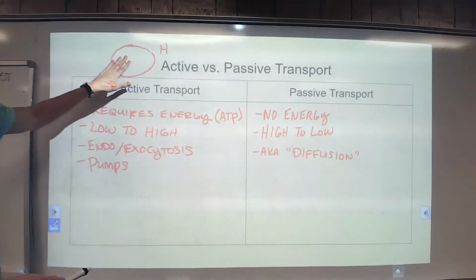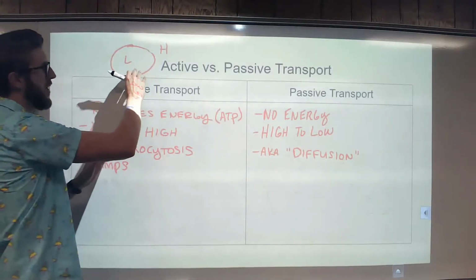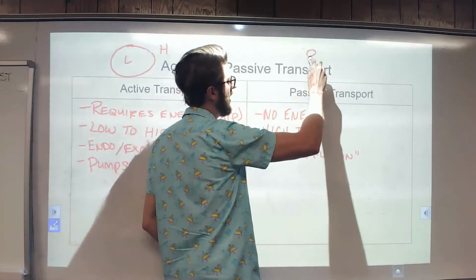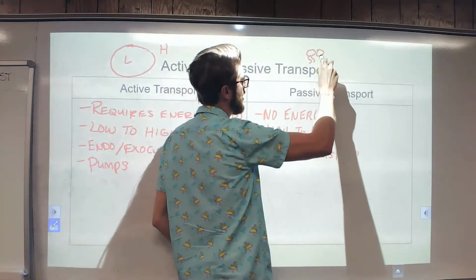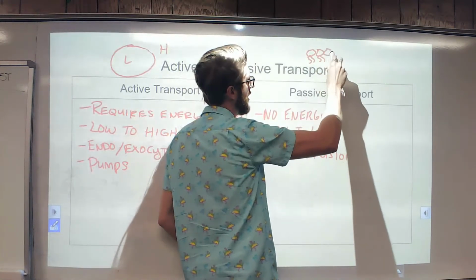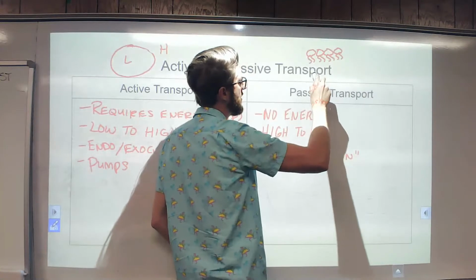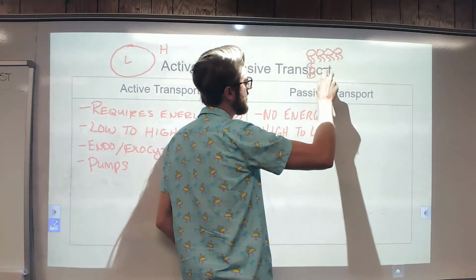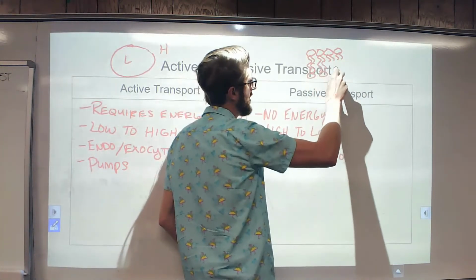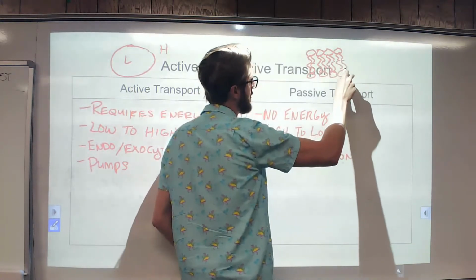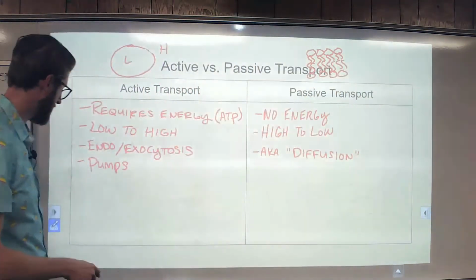So if we go back to the cell, remember how the cell membrane is made up of heads and tails, right? One head, two tails, one head, two tails. And these guys are side by side. But here's the thing about passive transport.